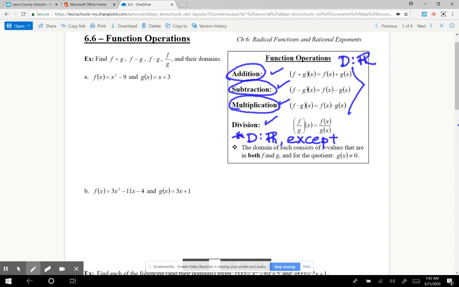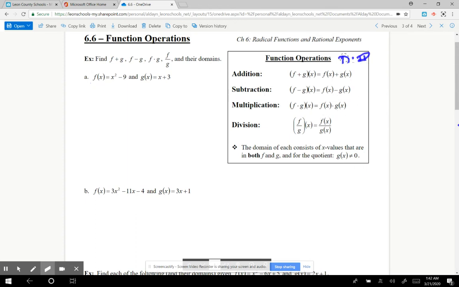But when you get to division, it's going to be a little bit different, and we'll talk about that when we get to it. All right, so we're going to start, and we're going to do the operations of adding, subtracting, multiplying, and dividing f of x and g of x. So go ahead and make sure that you're either taking notes on a copy of these notes, or taking them on notebook paper.